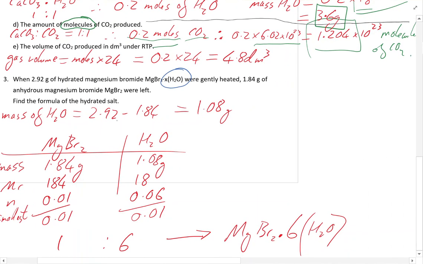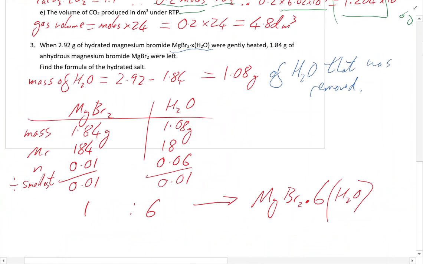So the 2.92 includes the water, and the 1.84 is when the water has been removed. So 2.92 minus 1.84 will equal 1.08 grams, and that is of H2O that was removed.